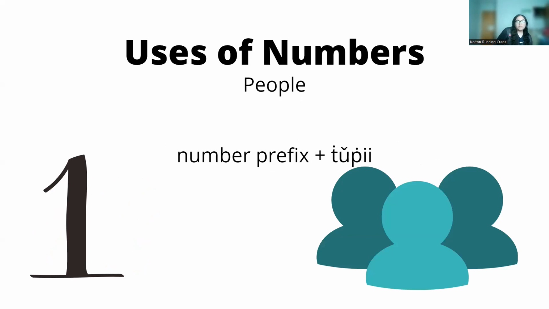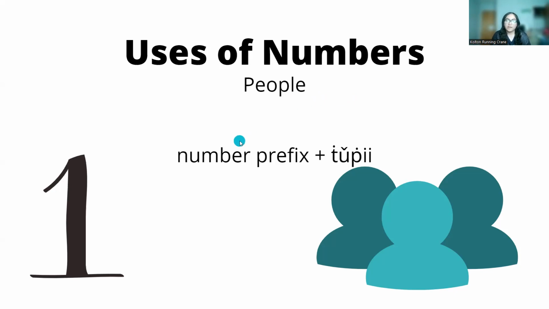And how else can you use numbers? Well, when you're talking about people, it's a little bit different. If you're talking about 20 people, you can't just say natsipu. If you're talking about 7 people, you can't really just say ishkitsika. There's a format for when you're talking about people, and the format is pretty simple.